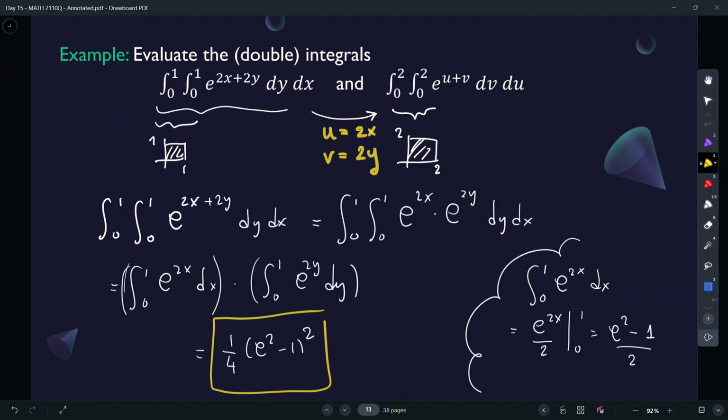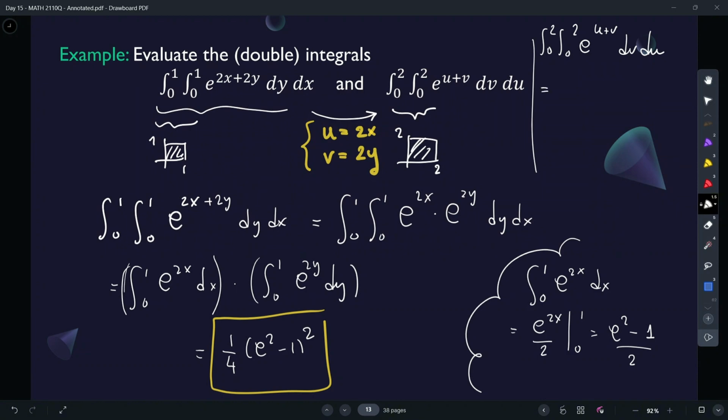Let me do the other one now, unless there is a question about this integration. Let's do this one here. So what if I do the integral from 0 to 2, integral from 0 to 2 of e^(u+v) dv du?